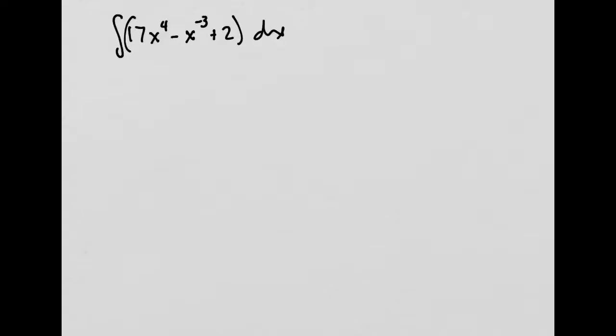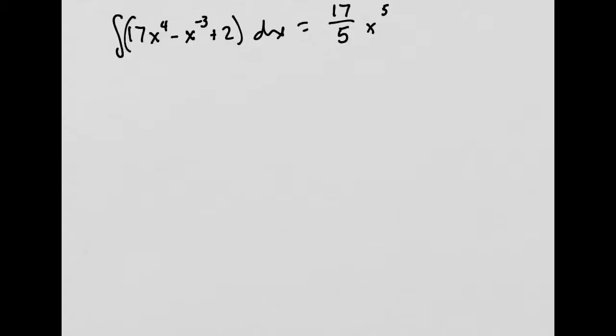But anyway, we want to go up in power. So we're going to have x to the fifth. And then we're going to divide 17 by 5. So we're just reversing the derivative process. And so if you were to take the derivative, you pull down that 5, and when you multiply it with 17 fifths, it cancels and you have 17 again, and then you subtract from 5 and you get 4.